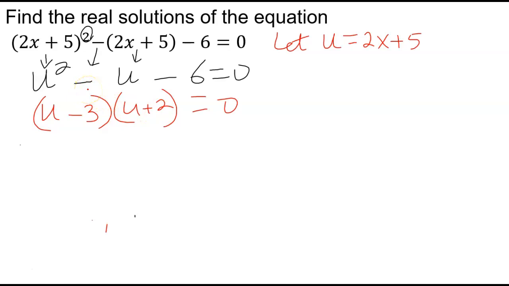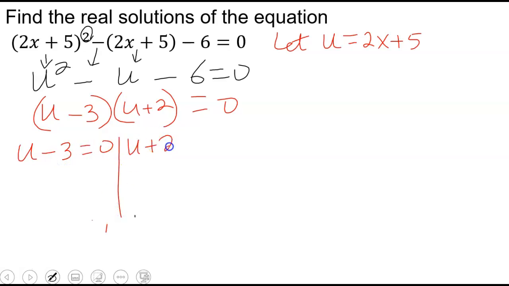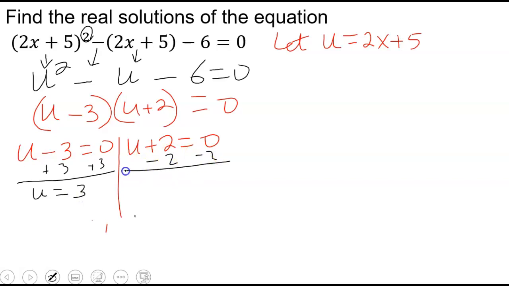And so u minus 3 is equal to 0, or u plus 2 is equal to 0. So if we solve both, add 3 to both sides here. So u equals 3. And if we subtract 2 from both sides here, u equals negative 2. Okay.